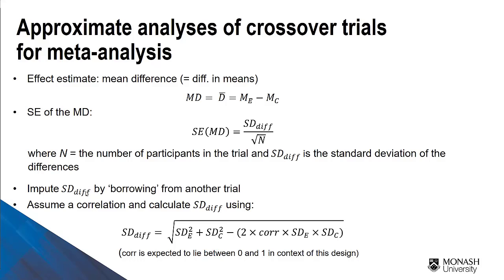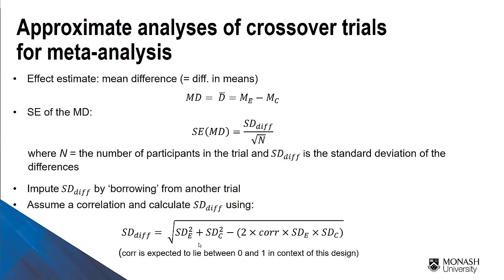Now, it might be that we have standard deviations of differences from other trials, and we could just borrow that information from another trial within the meta-analysis. Or we could assume a correlation between the observations of the participants, and we could calculate the standard deviation of the differences using this particular formula here.